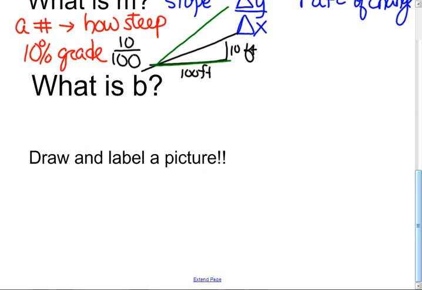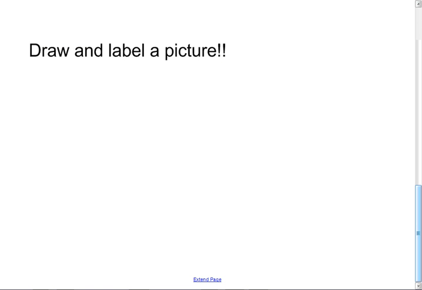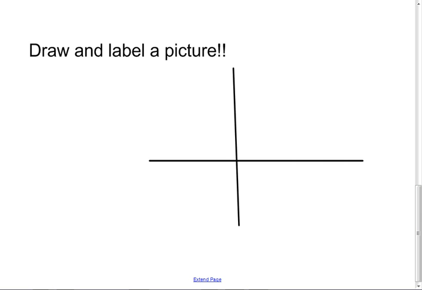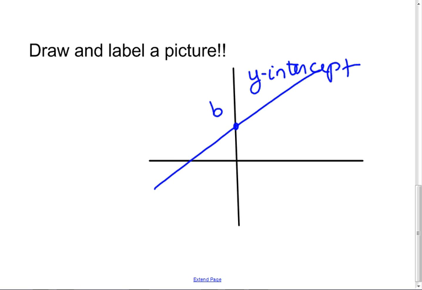Now, what about B? What's B? The y-intercept. You're remembering this really well, I'm pleased. So if I draw a line here, this is B. It's the y-intercept, and it's actually an ordered pair. Because if I want to find a place in this plane someplace, I have to give you two pieces of information.